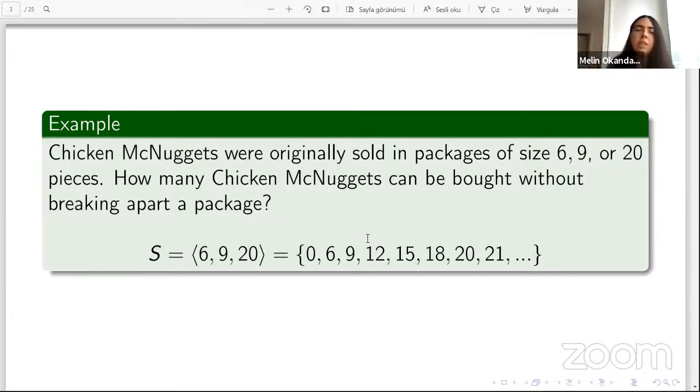What is interesting is that after some number, I believe it is 34 for the chicken McNuggets semigroup, you can ask for any number of chicken McNuggets, and I can find you a positive combination of 6, 9, and 20 to let you buy that many. For example, if you want 502 McNuggets, I can guarantee you that you can always buy that many.